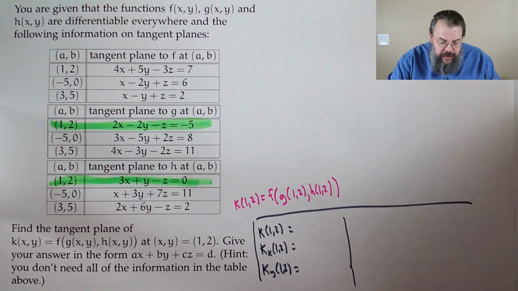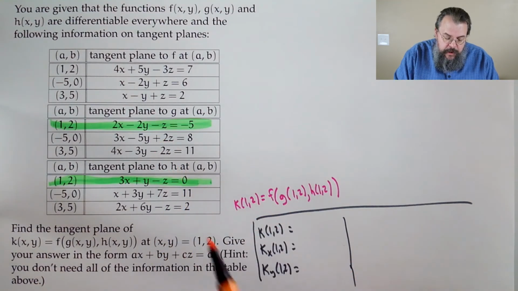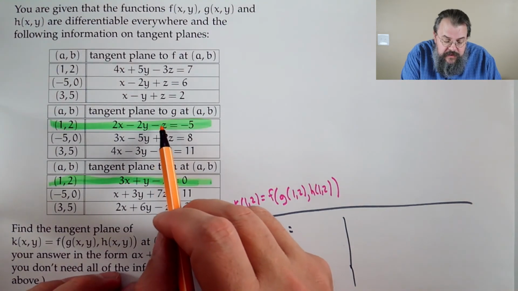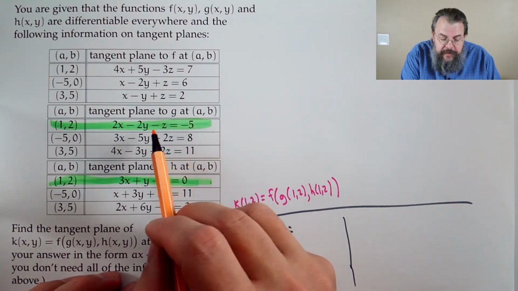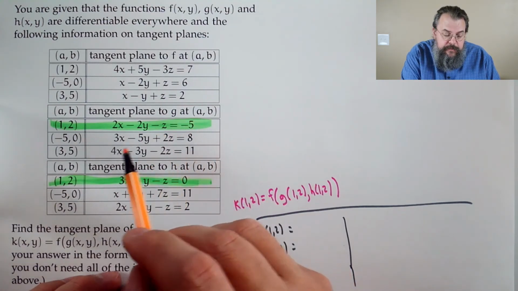Now, we want to rewrite these planes to make them a little bit more friendly. How will we do it? Well, for this plane, we really want to have it in the form z equals something. So let's have the z and the 5 swap places. I'm going to add z to both sides, add 5 to both sides.